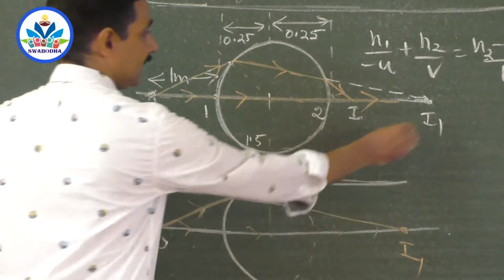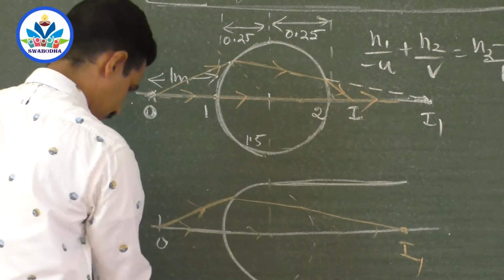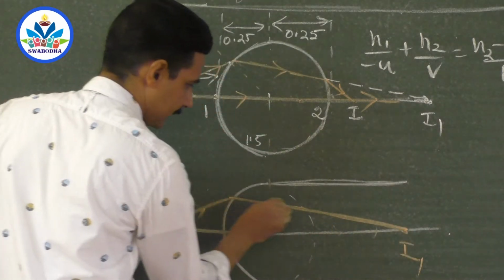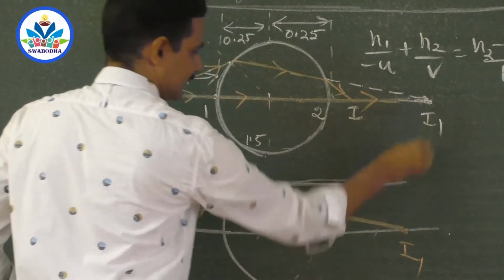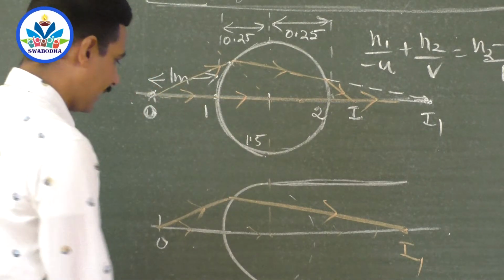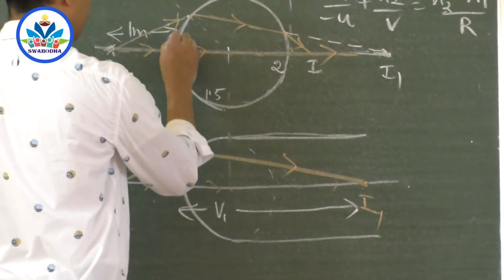Now, this is the image formed by the first surface alone, remember. That picture is seen here. So this ray might have moved straight to meet the principal axis here, right? So that is this one, I1. Now we will apply the formula for the first surface. Let us see where this image is formed. I call this V1, the image distance V1 from the pole of this surface.